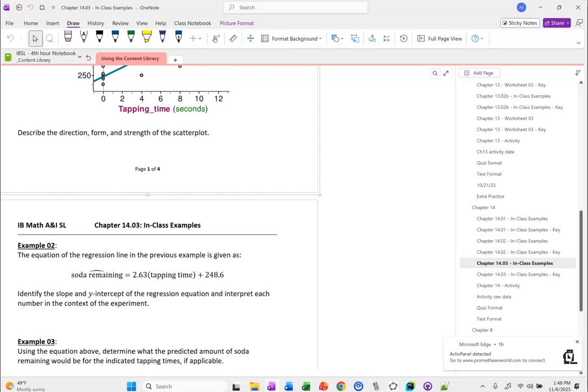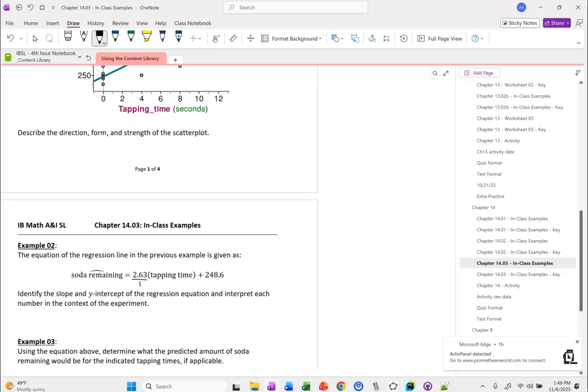What is 2.63? It's the slope, right? What is slope? Rise over run, right? Or in terms of x and y, that's the slope-intercept equation. Slope is change in y over change in x, right? So 2.63 is going to be like 2.63 over 1, right?